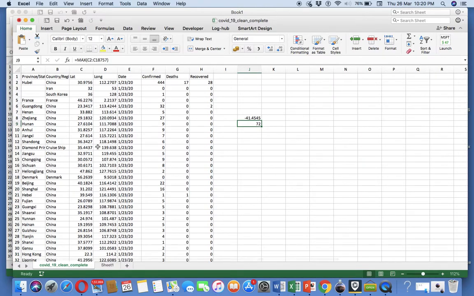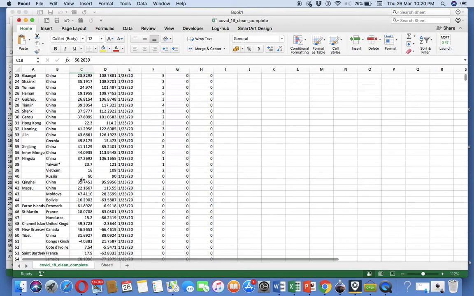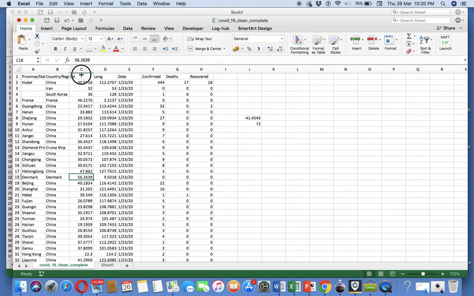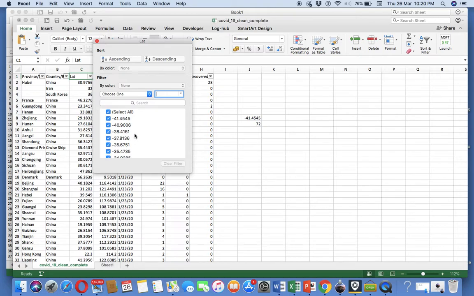Something wrong with the data. You don't get a minimum latitude minus 41. I presume it's a mistake in the data. We'll just check it up. There are many negative latitudes. Okay, so probably it's right.